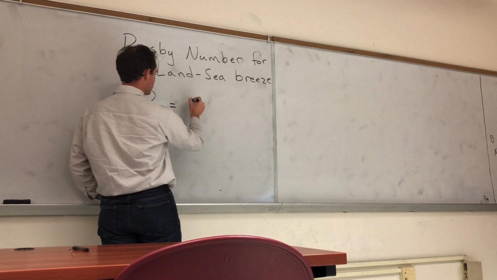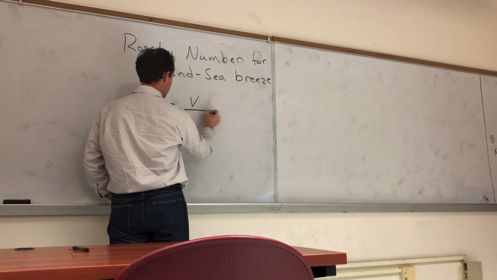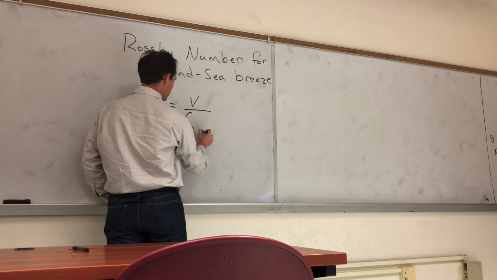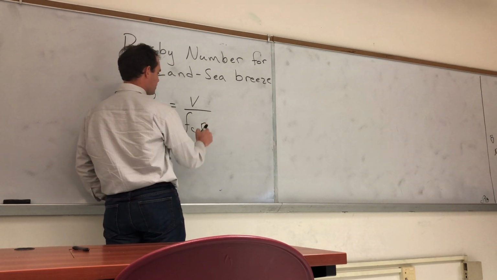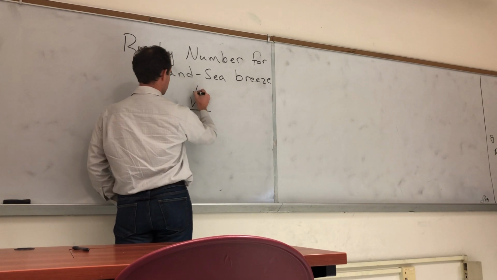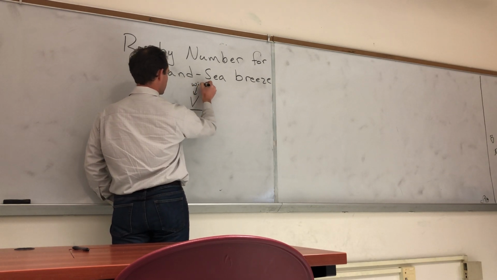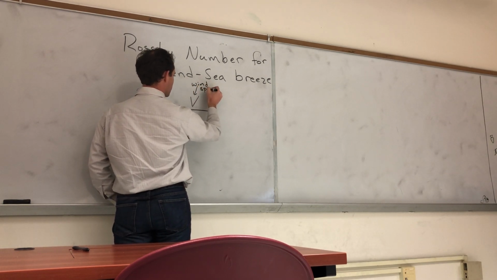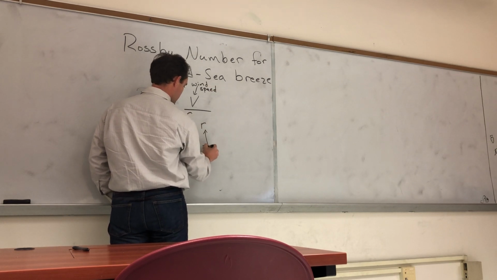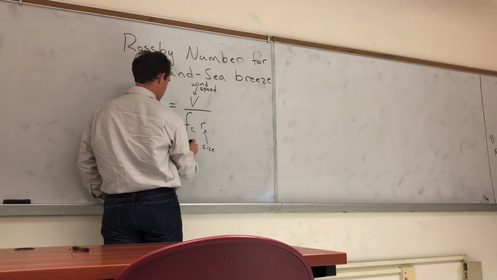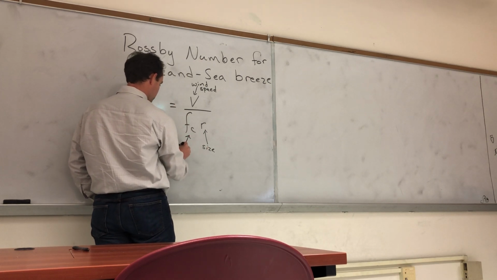is equal to the wind speed divided by the Coriolis parameter and the radius of the system, or some measure of its size. So this is, to remind ourselves, wind speed, size, and Coriolis parameter.